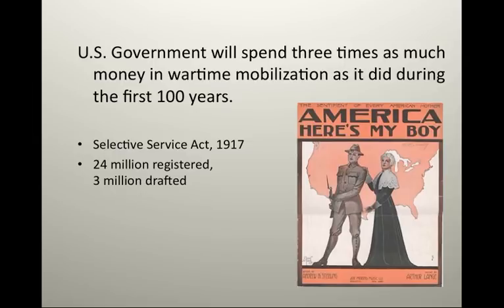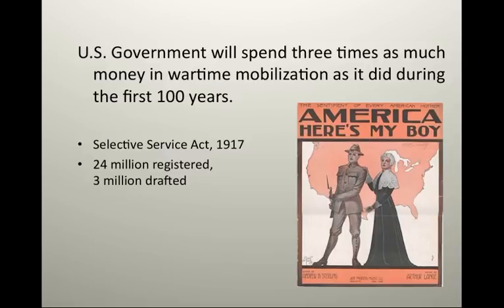So, yeah, the government decided to take no chances. We'll make it a federal law that says a young man of a certain age has to sign up for the Selective Service Act. 24 million do so, and eventually 3 million are drafted. So no risking of disloyalty here. It was a federal imperative, and if you didn't sign up, or if you were drafted but didn't go, you were subject to imprisonment.